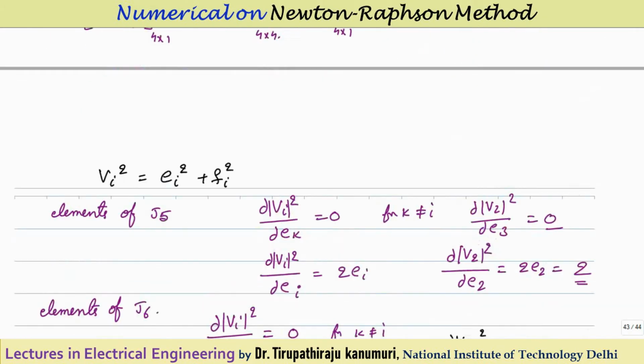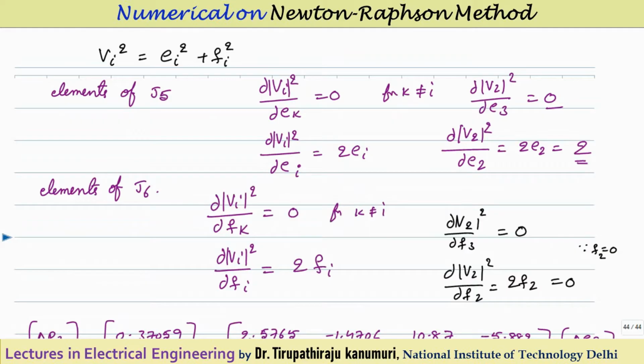For calculating this, we are going to use this formula. This also we derived in the last class. Vi square is equal to Ei square plus Fi square. From this I can calculate dou Vi square by dou Ek. Dou Vi square by dou Ek will be equal to 0 for k not equal to i, and it will be equal to 2 times Ei for k equal to i. When you substitute, dou V2 square by dou E3 will be equal to 0.